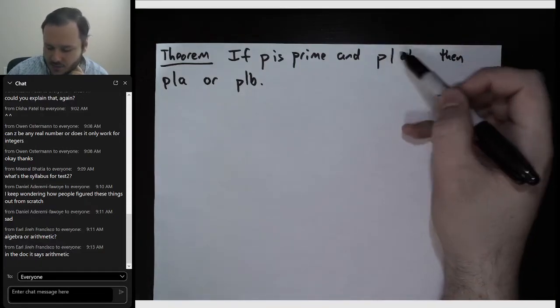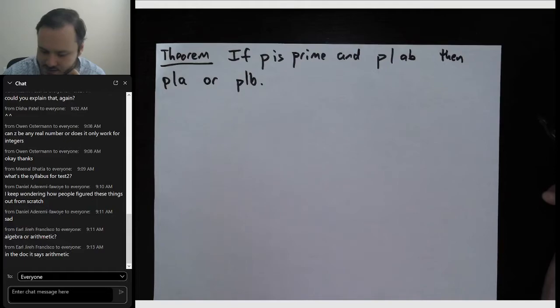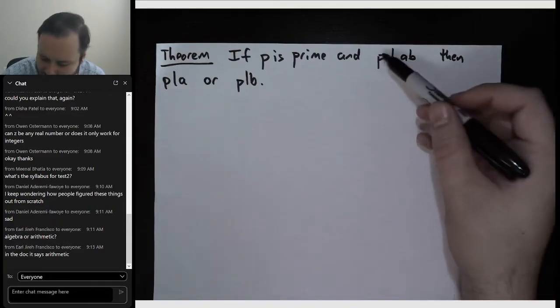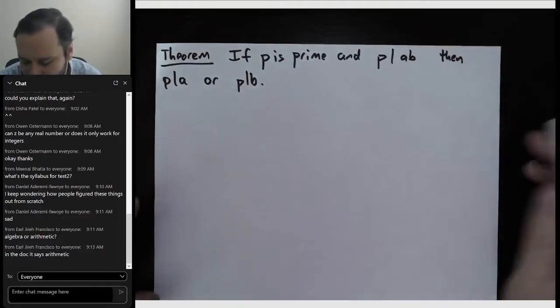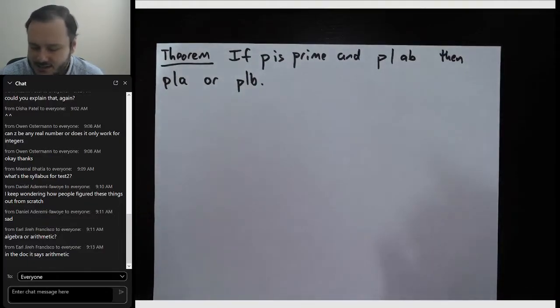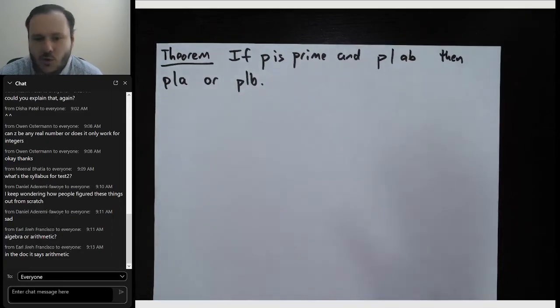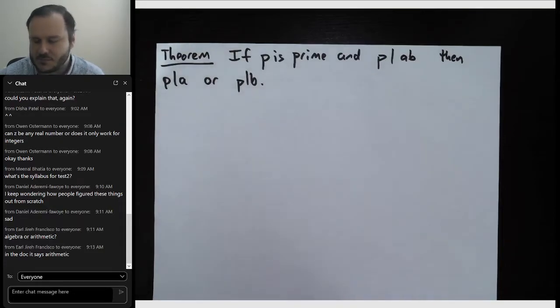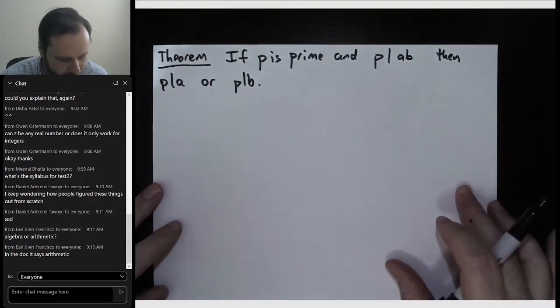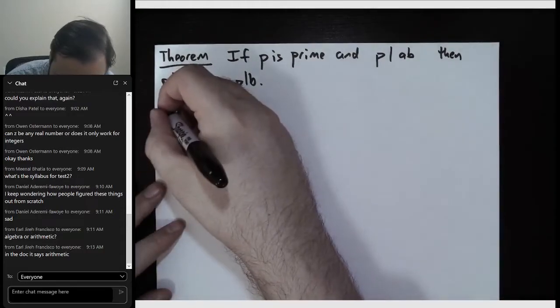So I have a prime number dividing a product. It can't be that part of the prime divides one of the numbers and part of the prime divides another one of the numbers. The idea is that prime numbers can't be broken up further. Prime numbers are these building blocks, they're indivisible, and they build up everything else. So let's prove this.